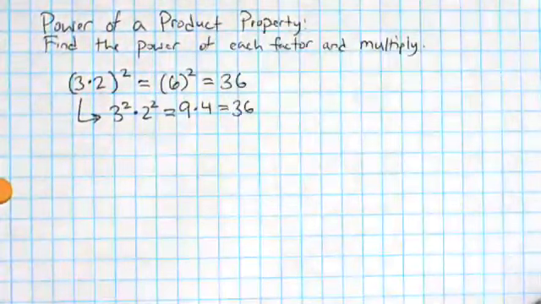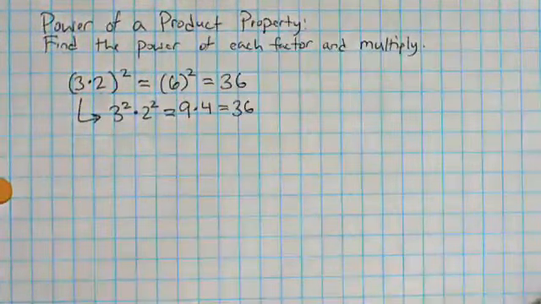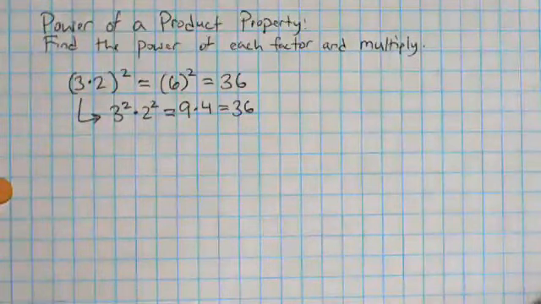As you can see, the power of a product property is equally valid as evaluating what was inside our parentheses first. And in many instances, it's simply not possible to actually multiply what's inside our parentheses and get a single factor, that's 6, like we had in this example.